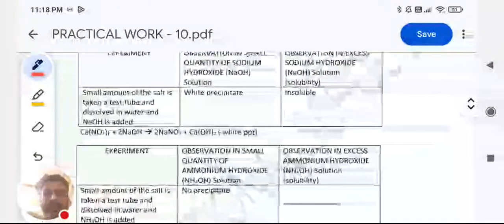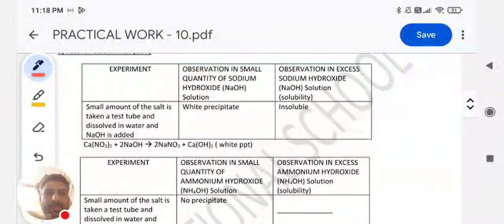Right, so first we are testing calcium ion with sodium hydroxide. When you take the salt solution which contains calcium salt, and add small amounts of sodium hydroxide, it forms a white precipitate.